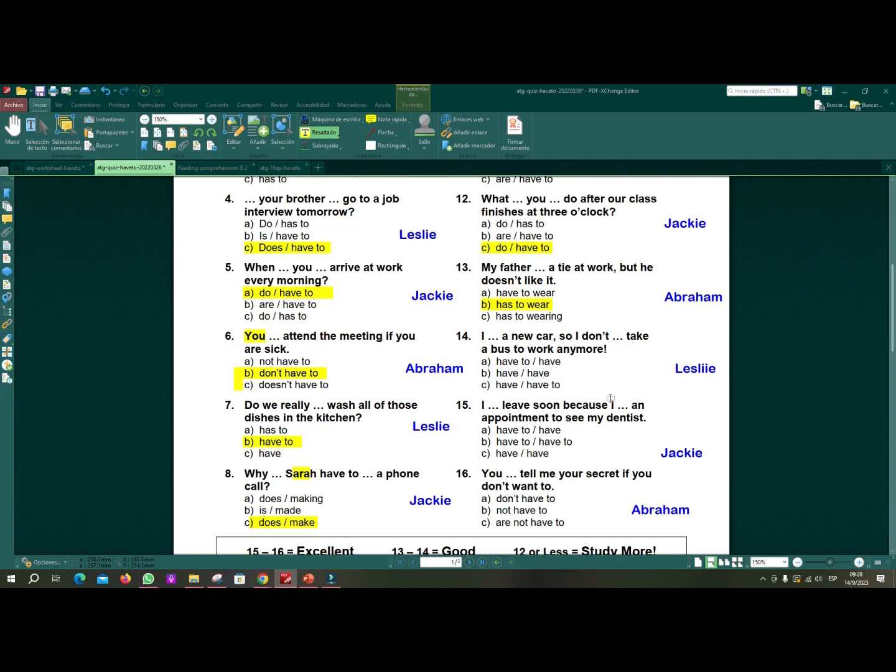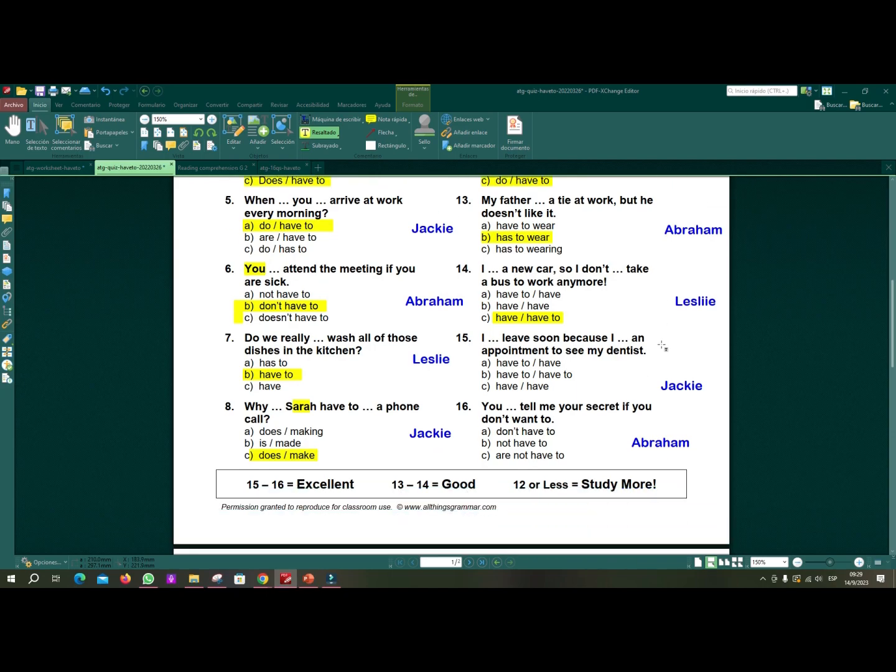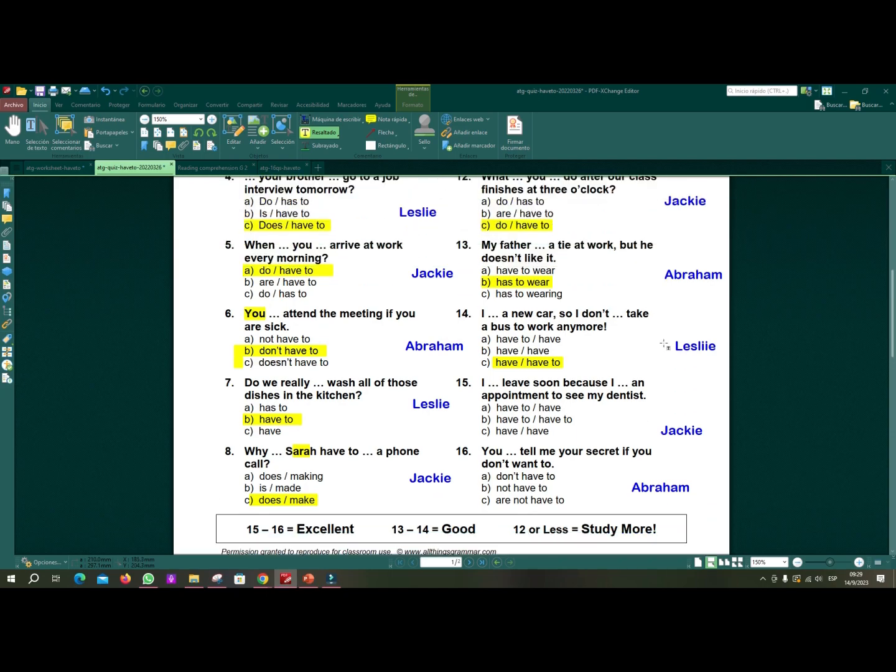Thank you, Mr. Abraham. What about this one, Leslie? 14. Letter C. Yes. So, I have a new car, so I don't have to take a bus to work anymore. That'll be easy, right? I would like to have one. That's good. Thank you, Leslie. Miss Jackie, 15.